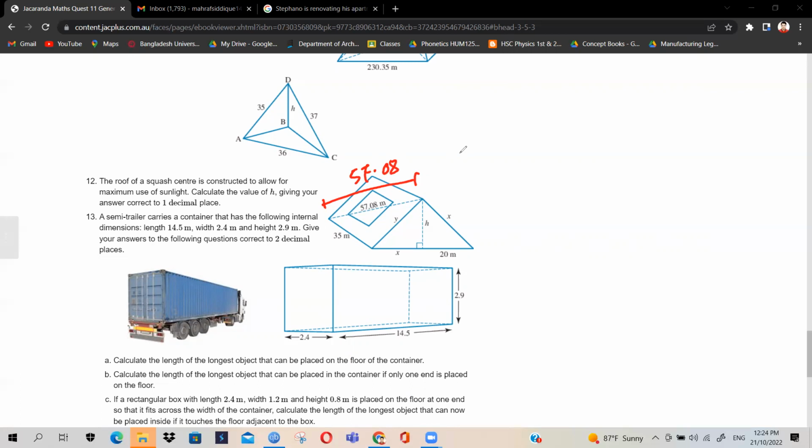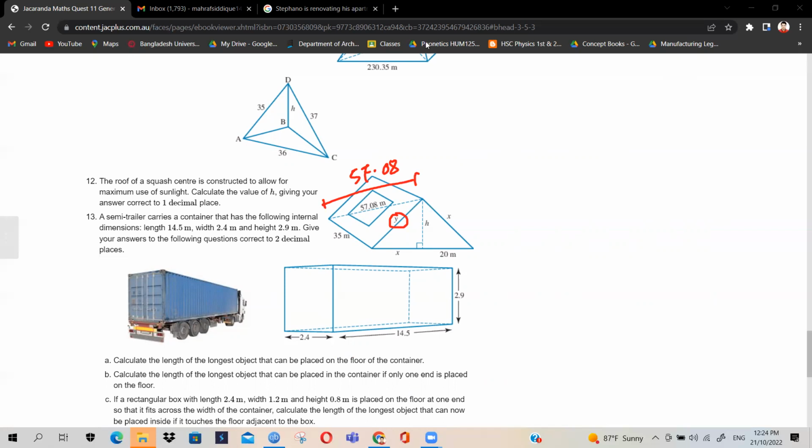So this is 57.08, this is 35 meters. Fine, so I can get the surface area. This would be y, and y can be calculated. Then x would be 10. Okay, I've understood.